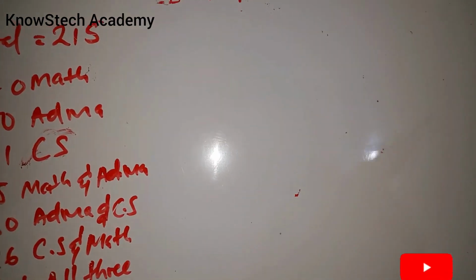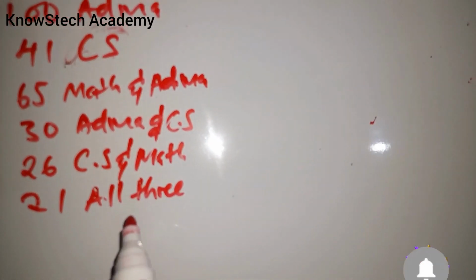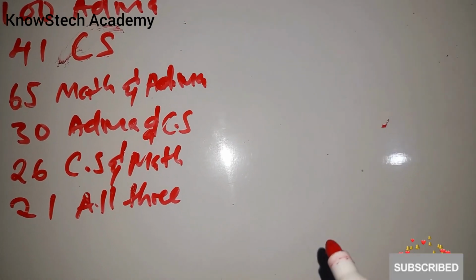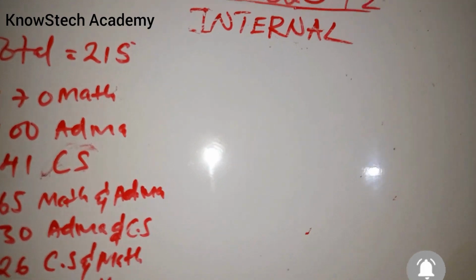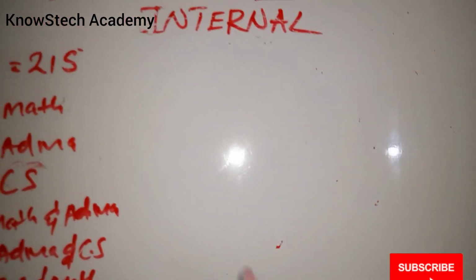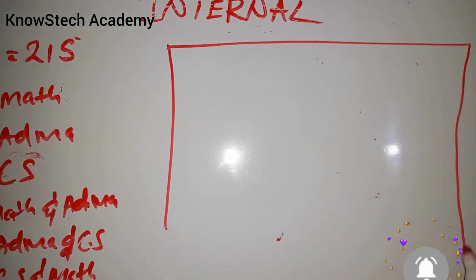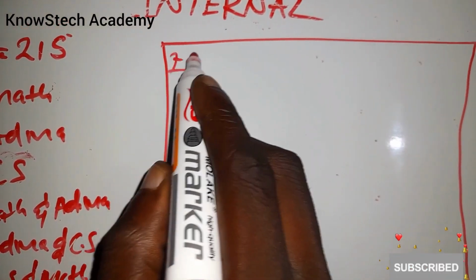So the fact that we have 21 teachers who taught all the 3 subjects means that our Venn diagram will have the common intersection of all the 3 sets. So let's come up with a Venn diagram. This is the universal set.